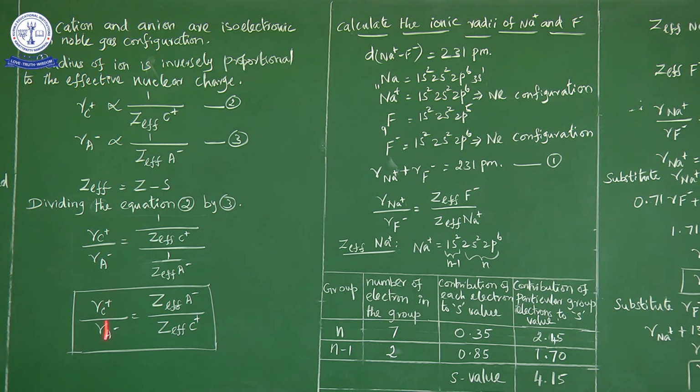So by knowing the value of internuclear distance between the cation and anion, or we know the effective nuclear charge of anion or effective nuclear charge of cation, we calculate the radius of cation and radius of anion. This is the Pauling method to calculate the ionic radius.